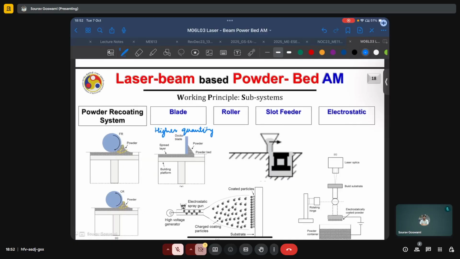However, the layer that is generated may not be as uniform or as compacted as the ones achieved by a powder recoating system using a roller. And the reason for this is because of the degrees of freedom available. In the case of a blade, we only have 1 degree of freedom, which is just the translation.